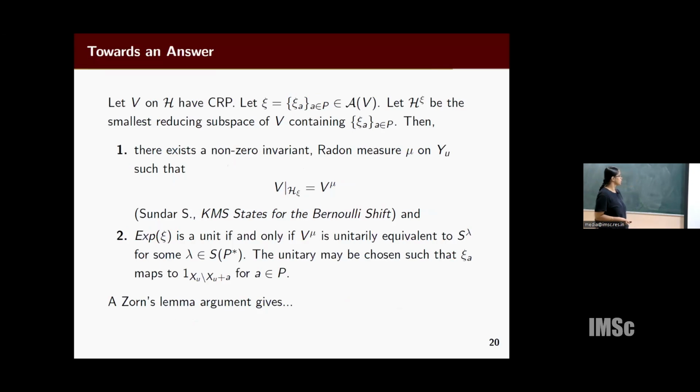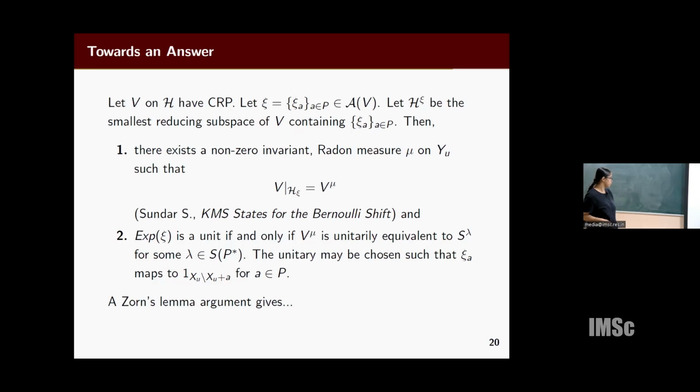It turns out that if you look at a single additive cocycle and the smallest reducing subspace of V containing xi_a, then we can construct a non-zero invariant Radon measure mu on Y_U such that V restricted to xi is V mu, and exponential of xi is a unit if and only if V mu is unitarily equivalent to S lambda.